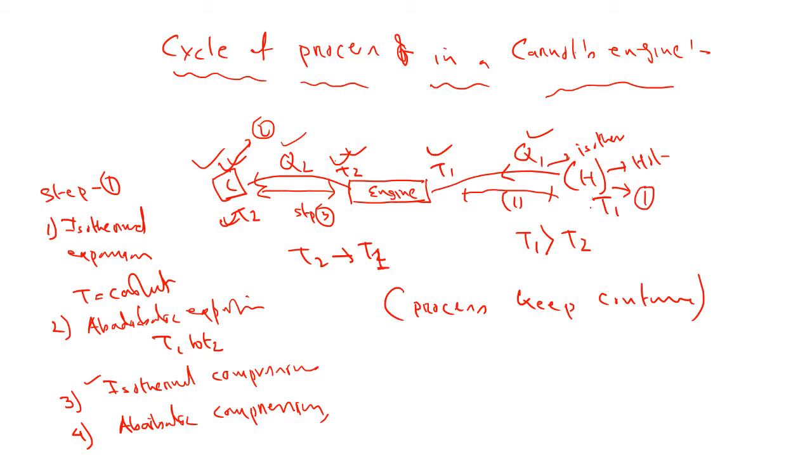So again it returns back from T2 to T1, and the process keeps continuing. So there are four processes: isothermal expansion, adiabatic expansion, isothermal compression, and adiabatic compression.